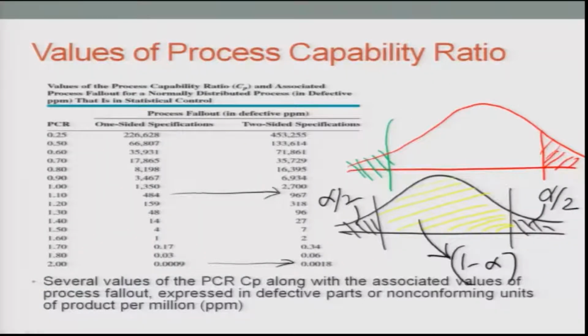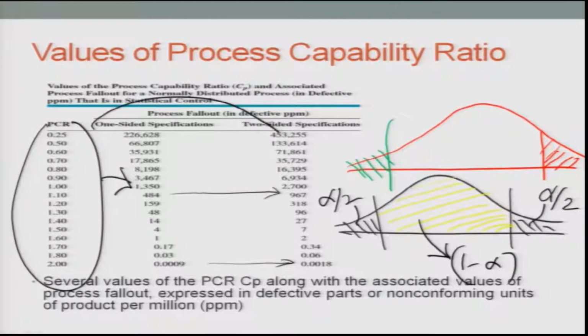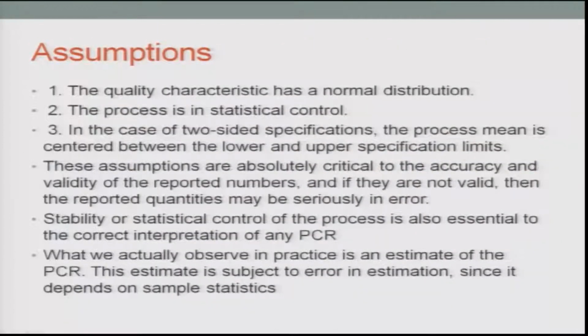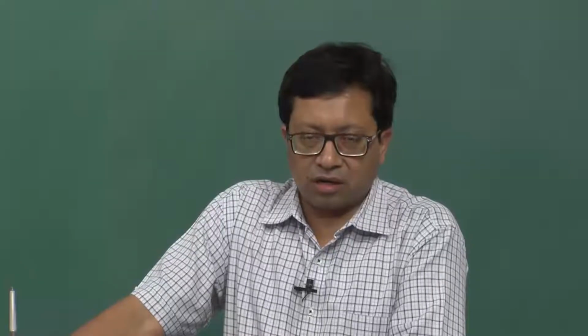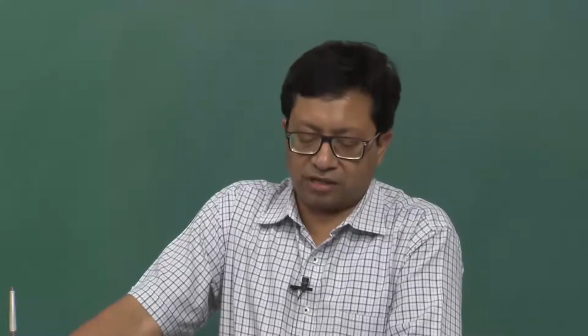So, the PCR values would dictate either the one sided or the two sided, depending on how the case is. Now, considering the assumptions: the quality characteristic has a normal distribution, as we have been discussing time and again. The process is in statistical control. Depending on the points which are above the upper control limit or below the lower control limit, we will take actions accordingly.